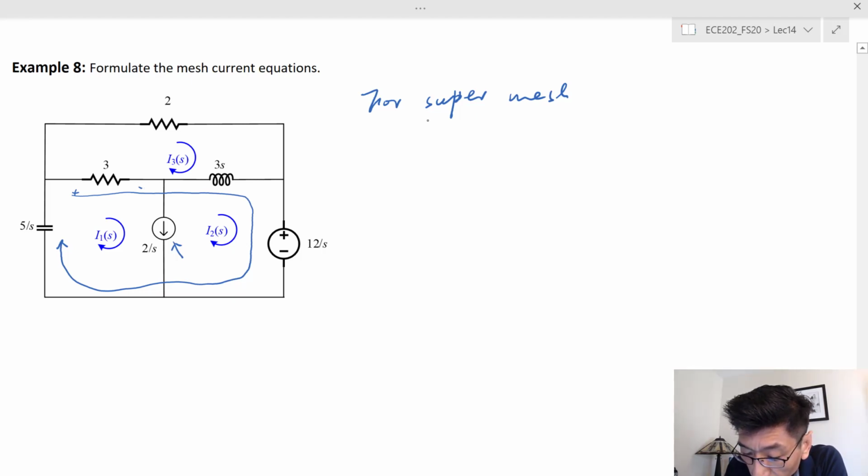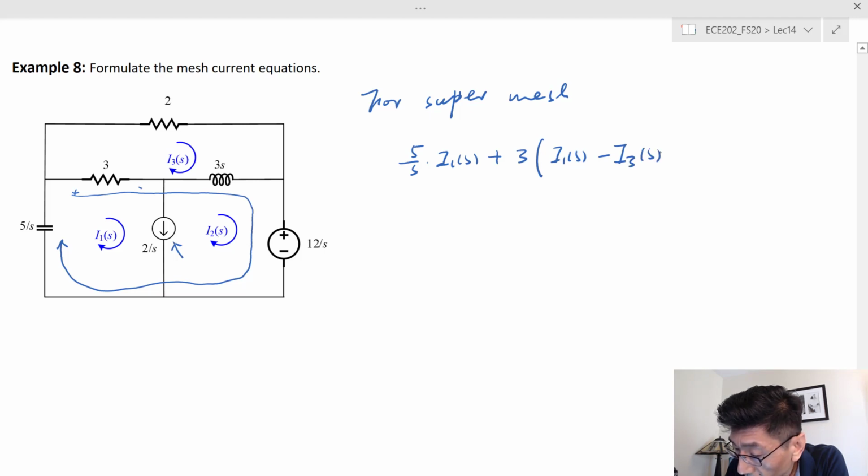Let's start with the 5 over s again. 5 over s times I1, plus the voltage drop across the 3 ohm, and that's I1 minus I2 times 3. And for the 3s, we are adding this one here also, right?